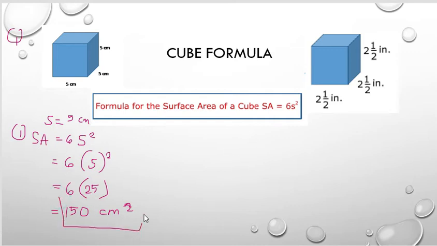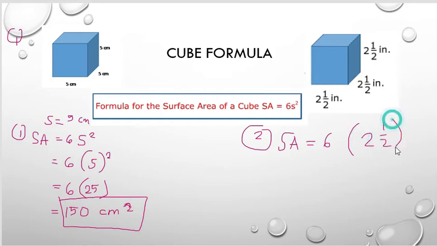Let's go and try another one. This is the surface area. What about if it's a fraction? Still the same thing, surface area is equal to 6 times your value of side, which is 2 and 1/2. And make sure to square it, not raised to 5. So it should be squared. Right, so 6.